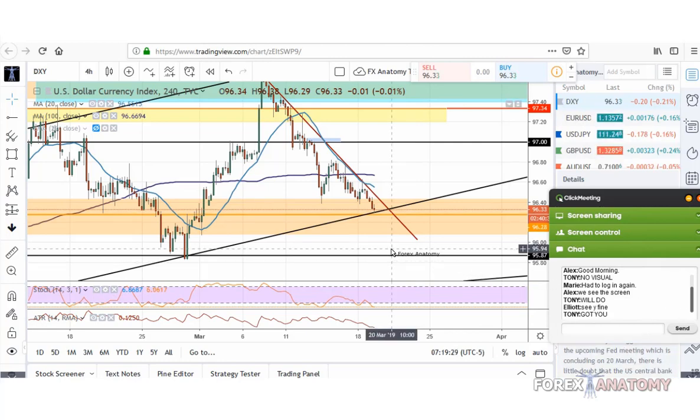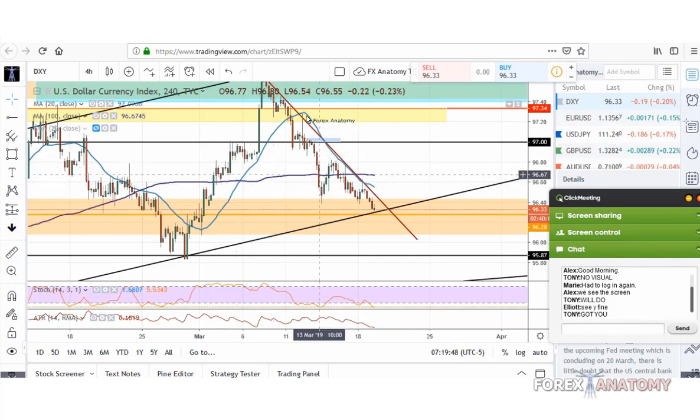That's the reason why I say that my bias is still in some way slightly in favor of shorting or selling the US dollar, which means buying Euro USD. For those that do not know, the Dixie stands for the US dollar index.